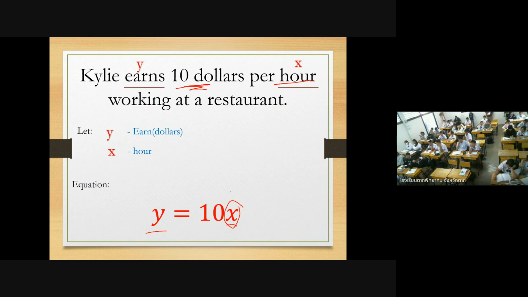If you work for 2 hours, 20. If you work for 3 hours, 30. That would be your earning, okay? That's why this is represented by y is equal to 10x. Well, anyway, we're gonna go back there later on.